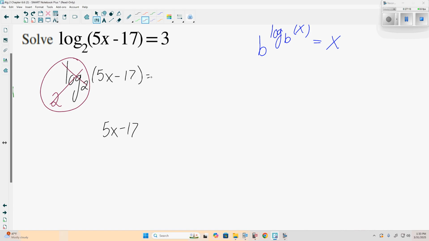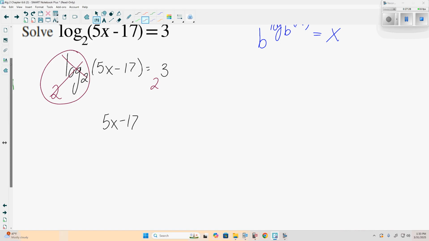And the main reason this works is because our logarithms and our exponential equations are inverses of each other. They undo each other. But what we do to one side, we have to do to the other side. So we have to put that 3 to the base of 2, so 2 to the third.